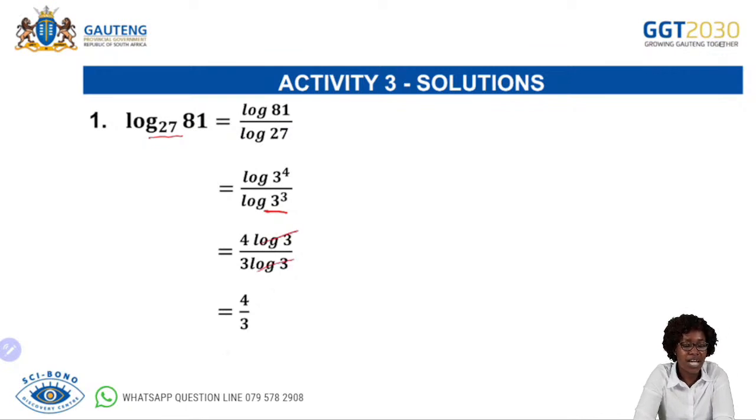So in future, if you find that you have logs of numbers that have the same base, like in our instance here, our base is 3, your solution is simply the exponents dividing each other. So in our case, our solution there is 4 divided by 3.